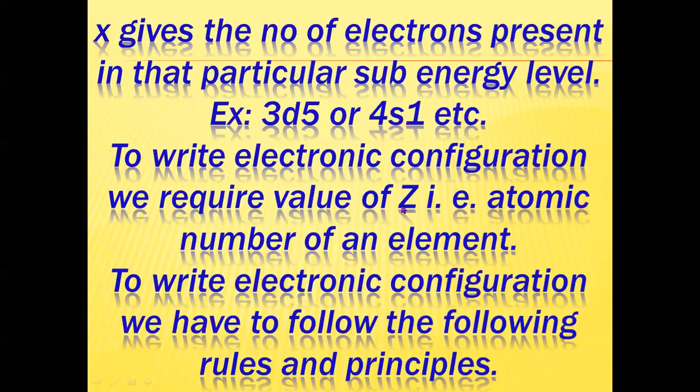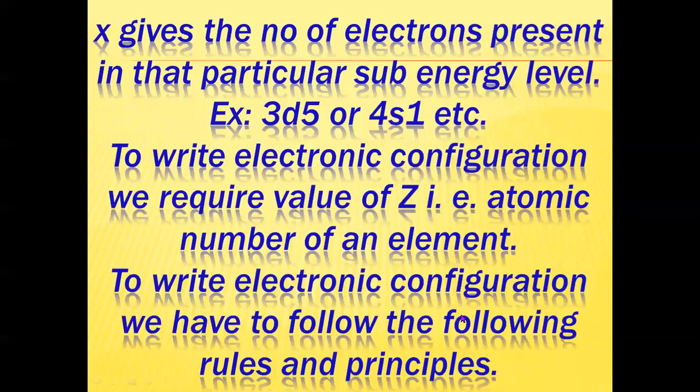Atomic number is denoted by Z, and it is equal to the number of protons present in an atom of an element, which is generally equal to the number of electrons around the nucleus for a neutral atom, not for an ion. So generally we define atomic number as the number of protons.